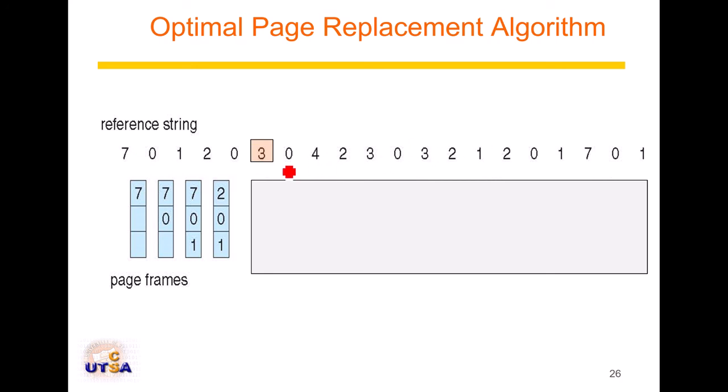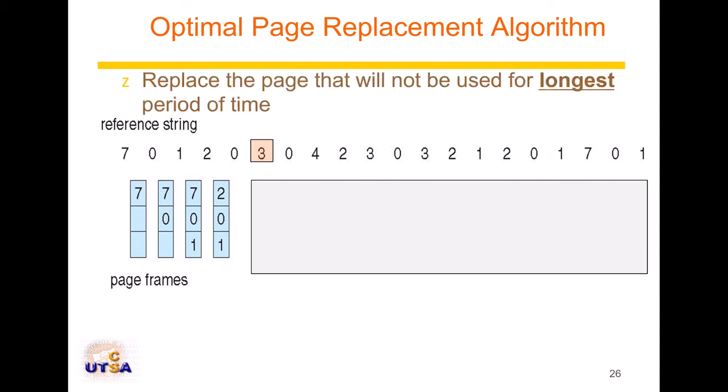If I know the sequence in advance, then when we need to make a page replacement, at any point when you need a page, just look into the future and see when you will need the pages that you might kick out, and then you can kick out the page that will not be needed for a long time.